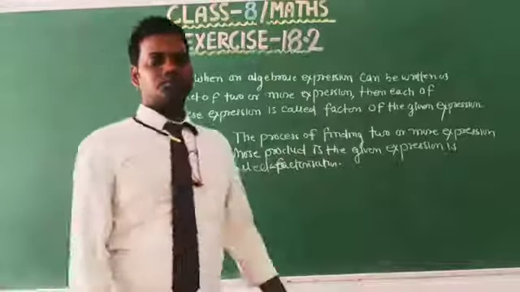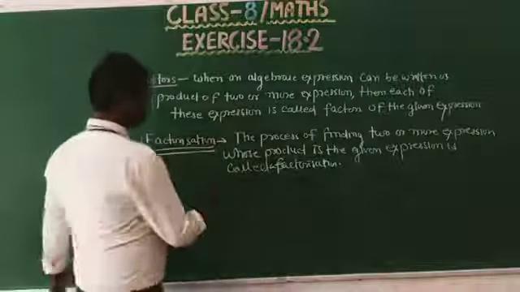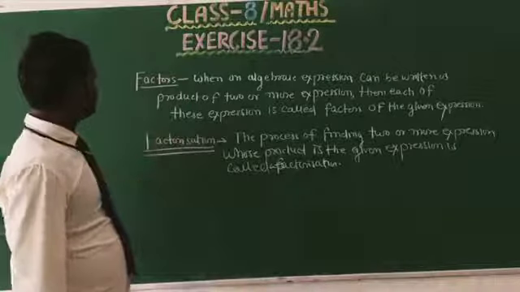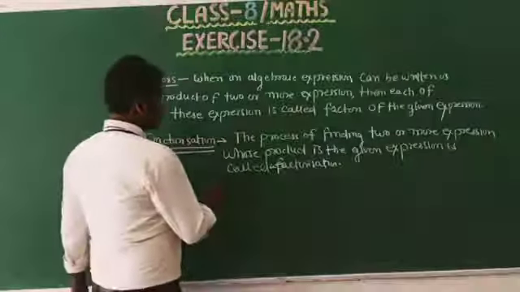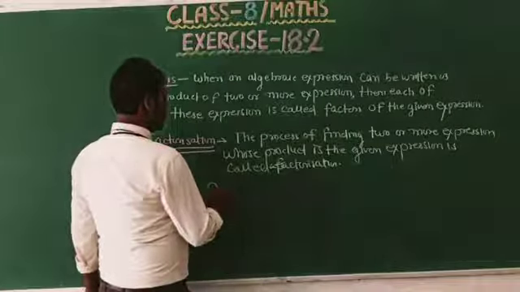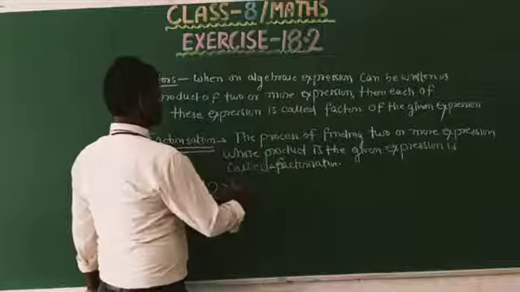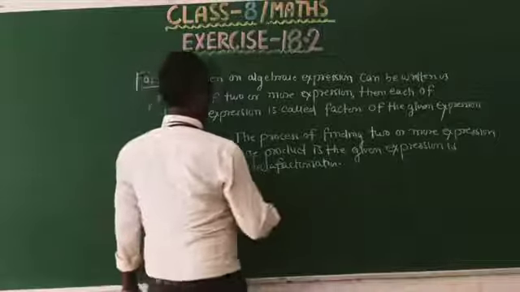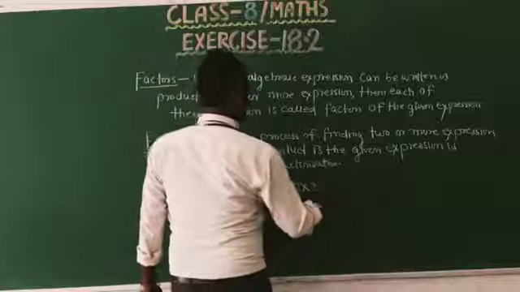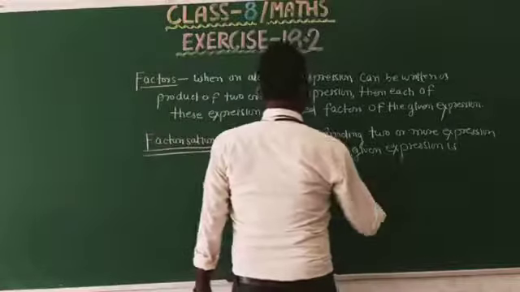So I will take an example to explain these two terms, factor and factorization. Suppose an algebraic expression 12x square y can be written as 2 into 3 into x into x into y.